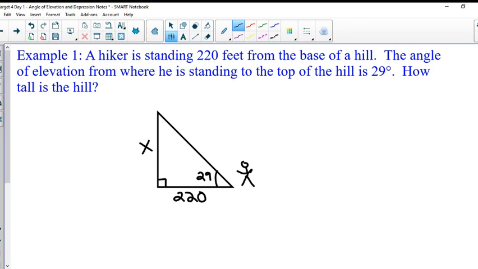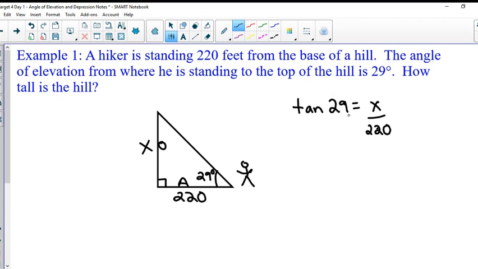Now we need to use our trig functions. So if you remember back when we did this, you have to think about, okay, here's my angle, 29 degrees. This side is considered opposite. This side, the 220, is adjacent. Opposite over adjacent is my tangent function. So I'm going to do tangent 29 equals opposite over adjacent.